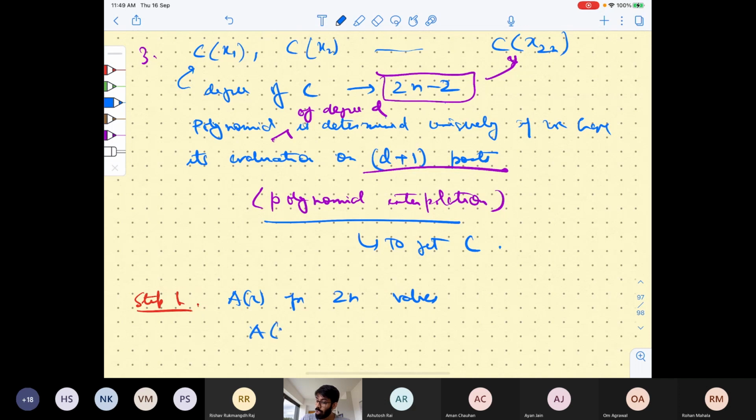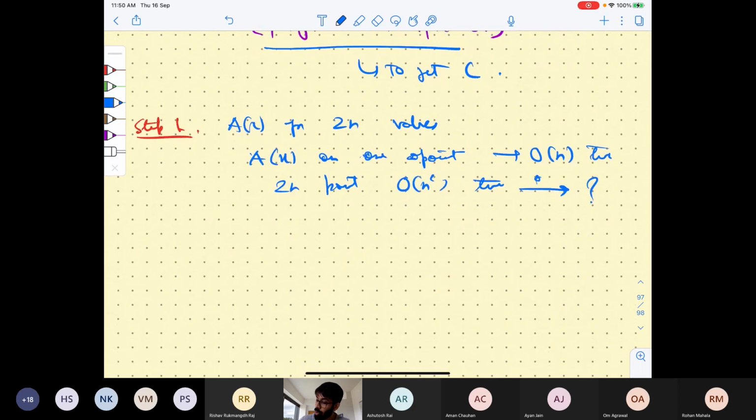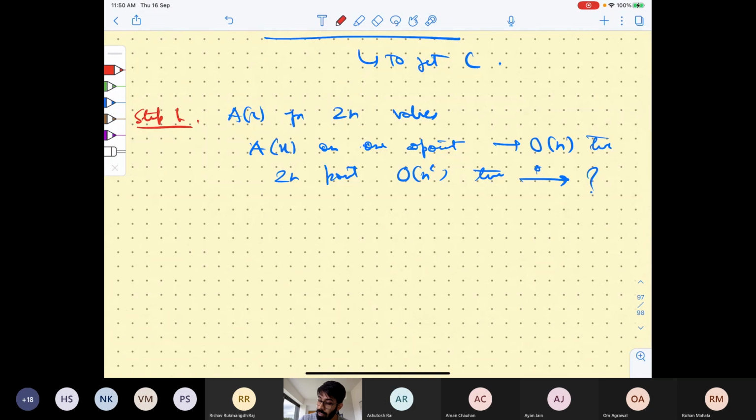How much time does computing A(x) on one point take? If we do it naively, this itself will take order n time. And then if you calculate it on 2n points, it will take order n squared time. So how do we solve this? What to do here so that it does not take so much time? And then we don't even know about step 3, how to get C.